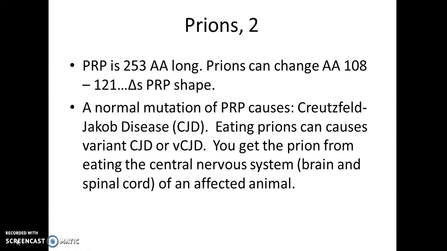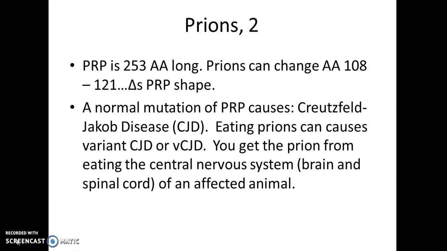Right, so usually these people have a mutation in their gene which causes a misfolding of PRP. That'll cause the brain cells to get filled with these misfolded PRP proteins. The brain cells die, and you die. And you die of CJD, which is Creutzfeldt-Jakob disease.